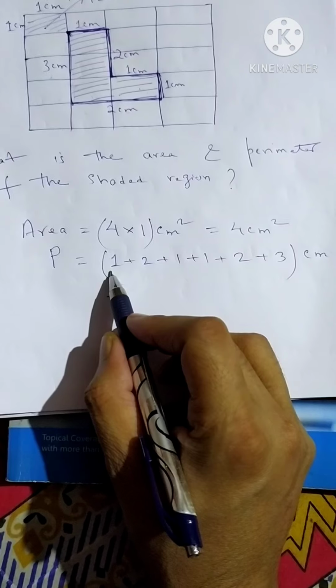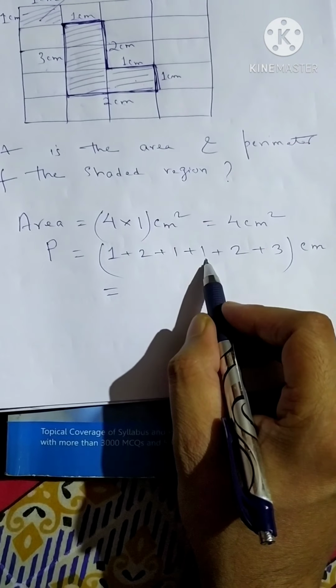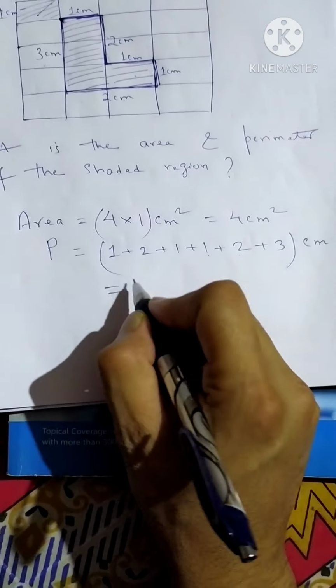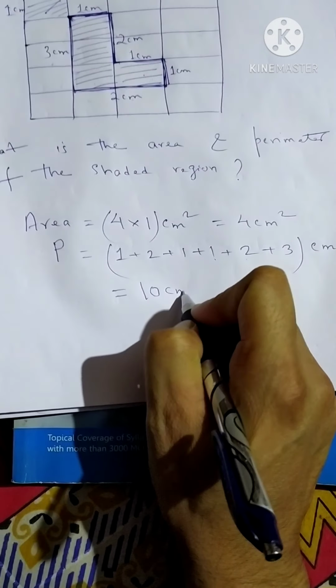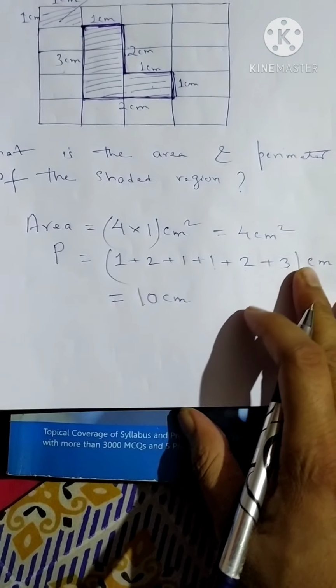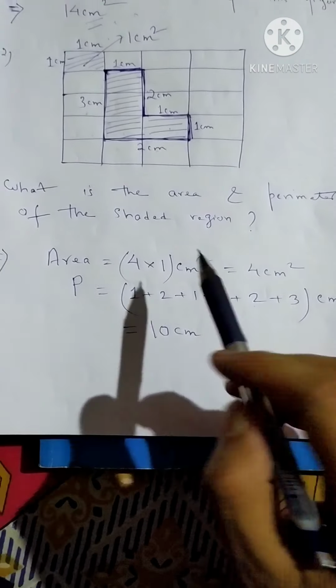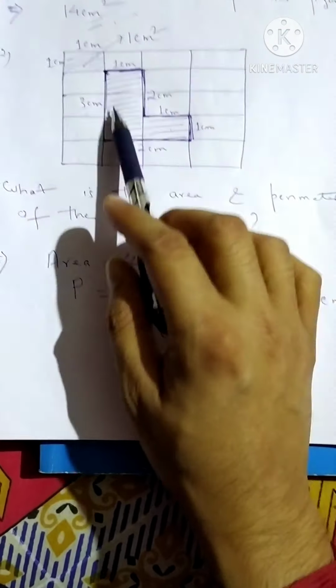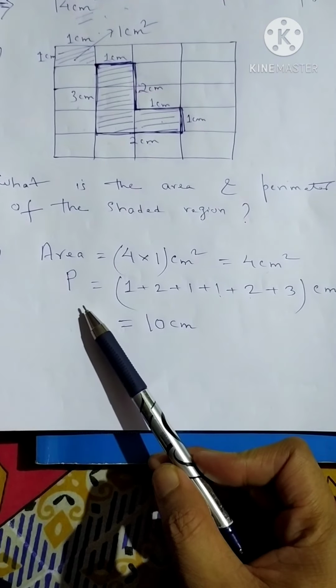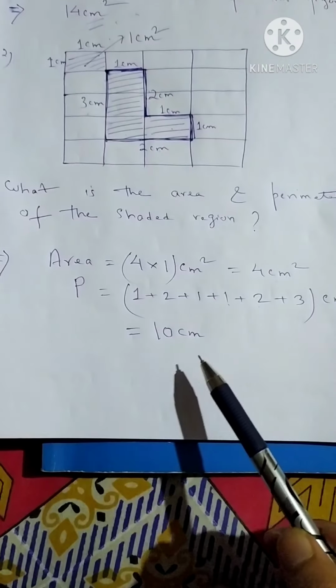So 2 plus 1, 3, 4, 5, 7, 10. 10 centimeter. So 4 centimeter square is the area of this shaded region and the perimeter of this shaded region is 10 centimeter.